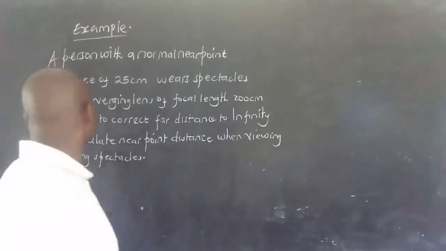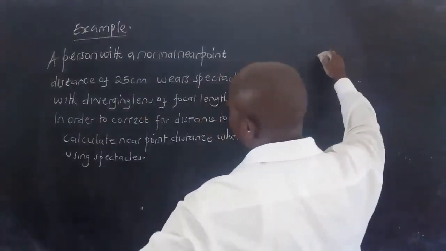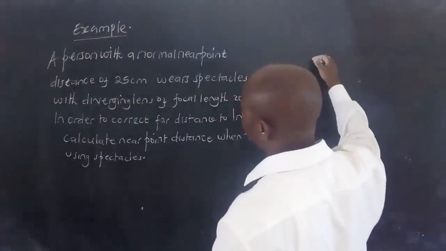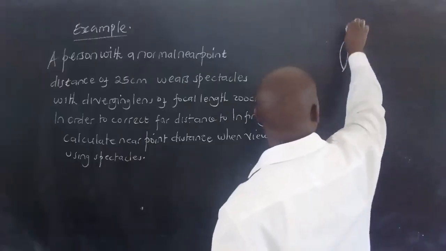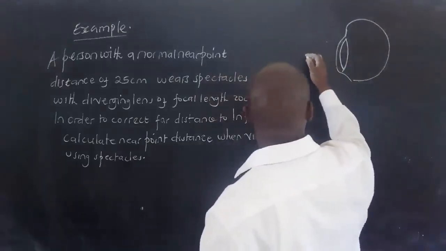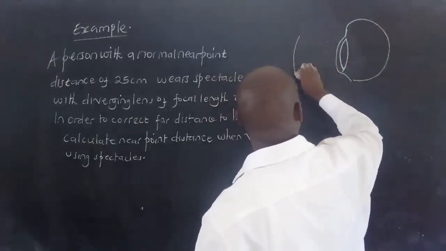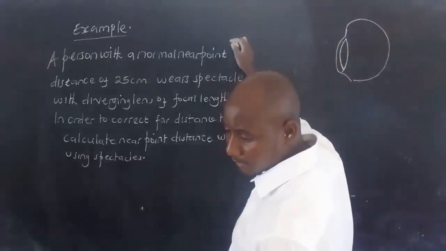So here they are saying that a person with a normal near point at a distance of 25. This is the eye of the person. It is corrected using the diverging lens.